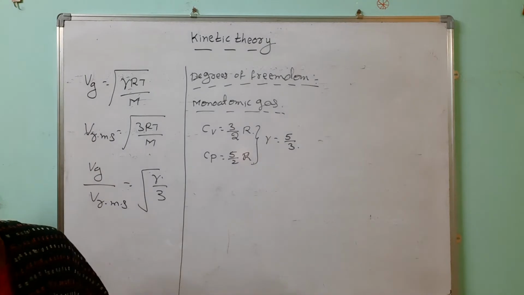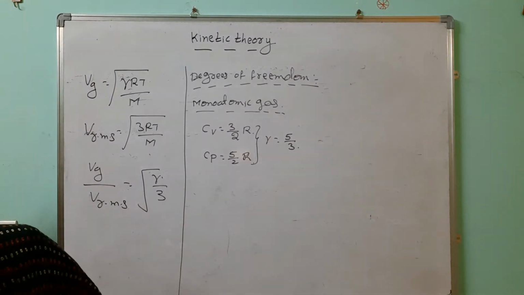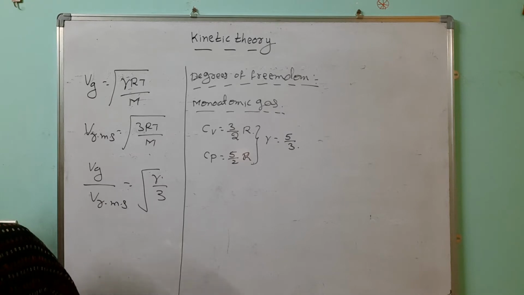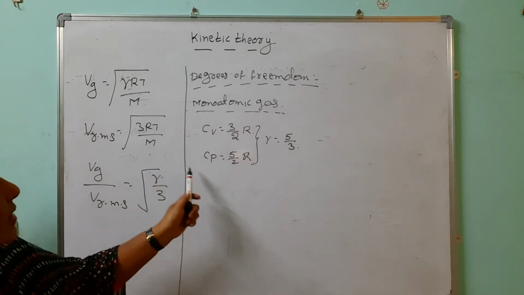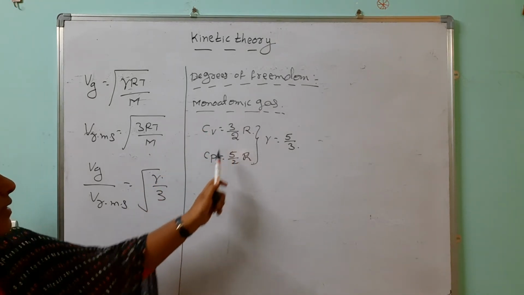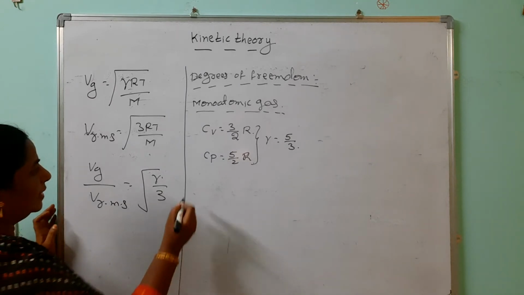So for monoatomic gas, we have to remember these values, what is the Cp and what is the Cv. And one more thing you have to remember, the degrees of freedom. For monoatomic gas, the energy of the molecule is 3 by 2 kBT. So this is the internal energy, and this is the Cv and this is the Cp for monoatomic gas.